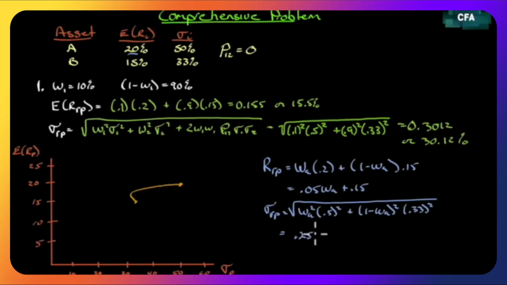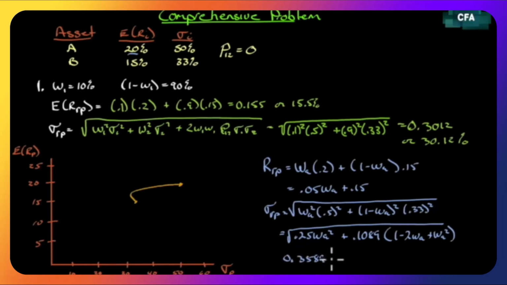We'll get 0.25 WA squared plus 0.1089 times 1 minus 2 WA plus WA squared, of course all in the root, and that will give us 0.3589 WA squared minus 0.2178 WA plus 0.1089. Now you may think, what is all that?